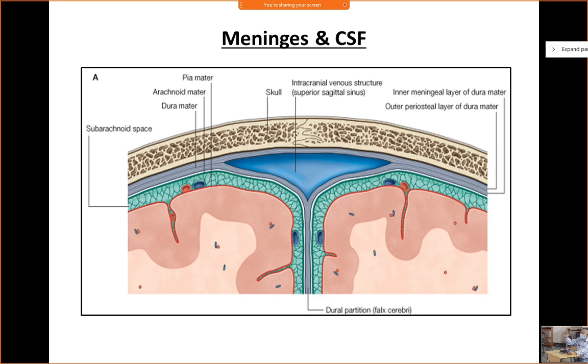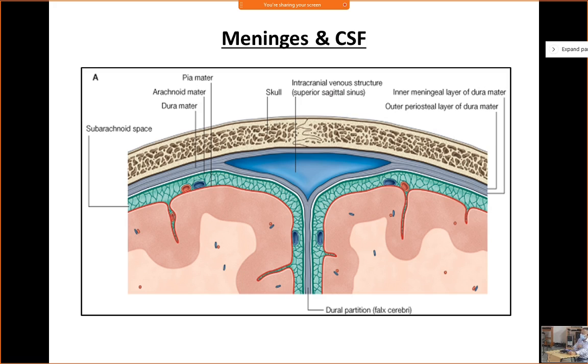So in between the red line and the outer green line is a space. That space is called the subarachnoid space because it is beneath the arachnoid mater. Again, between the dura, the outer gray color, and the arachnoid mater, there is a space called the subdural space, because it is beneath the dura.